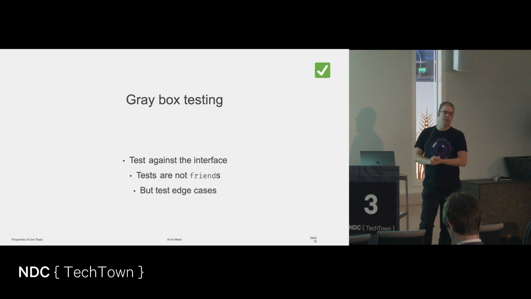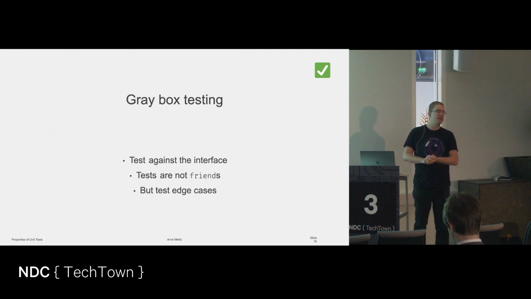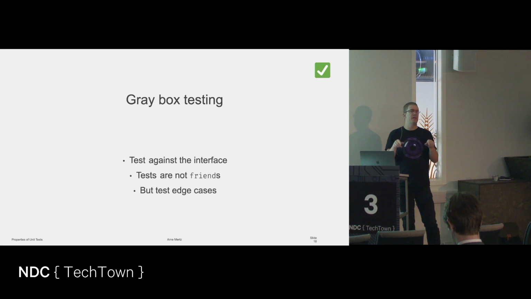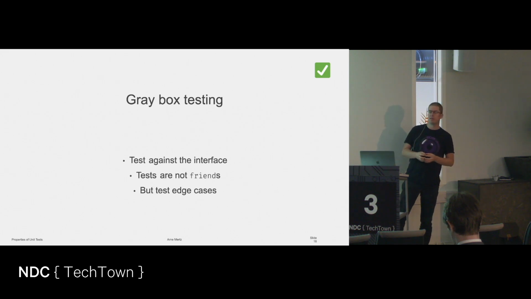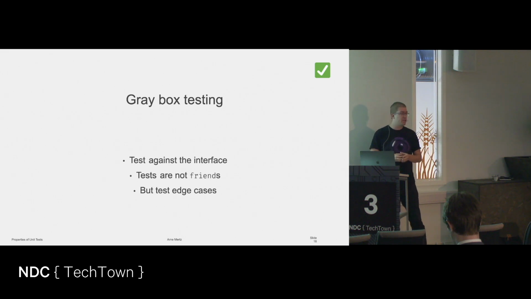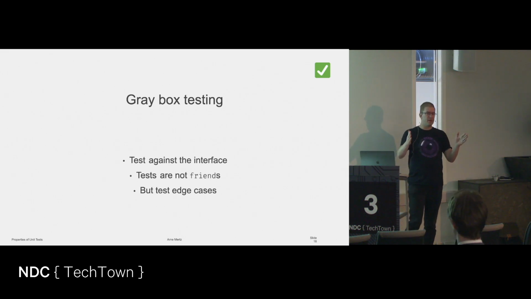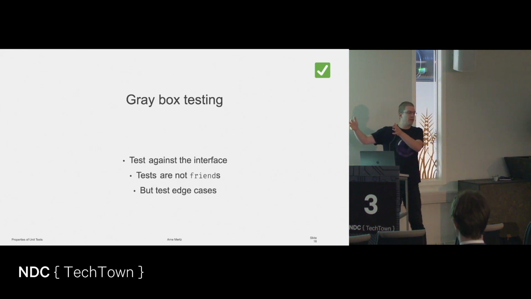However, knowing the implementation of our class, we can test against edge cases inside the implementation. This is the gray part of gray box testing. For example, let's say you write your own string class that has a short string optimization. We have a small buffer, and if the string is smaller, you just use the buffer, and if it's larger, you allocate memory.